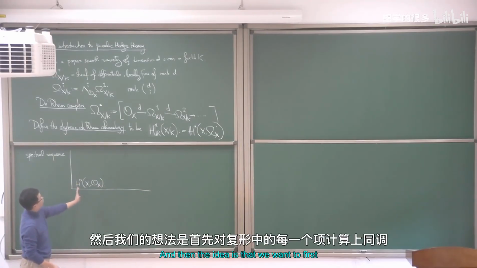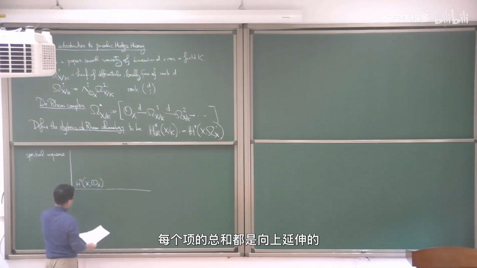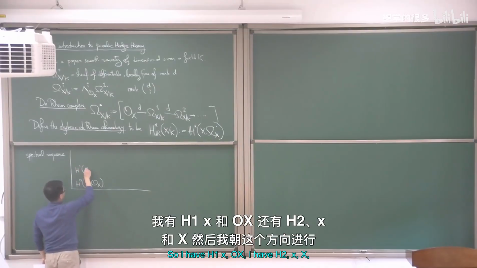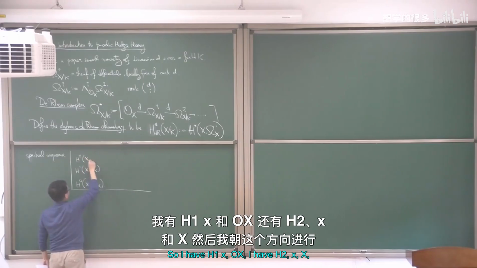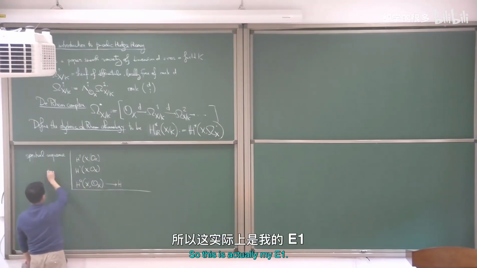The idea is that we first take cohomology of each of the terms in the complex, and then take the differential in the complex. The cohomology of each of the terms is taken vertically upwards. So I have H^1(X, O_X) and H^2(X, O_X), and then I take this direction. So this is actually my E_1 page.